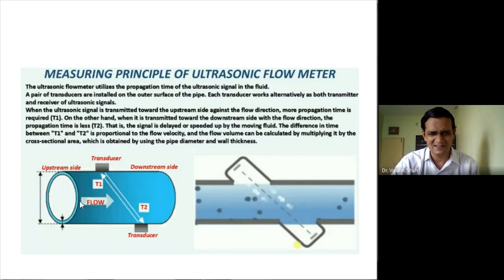You can see here that a transducer is there and a detector is there. Both can be transducers, both can be detectors, or one can be a transducer and the other a detector. Assume there is a flow of a certain liquid, for example in your human body, where blood is flowing through an artery or vein, and you have a transducer at this location.